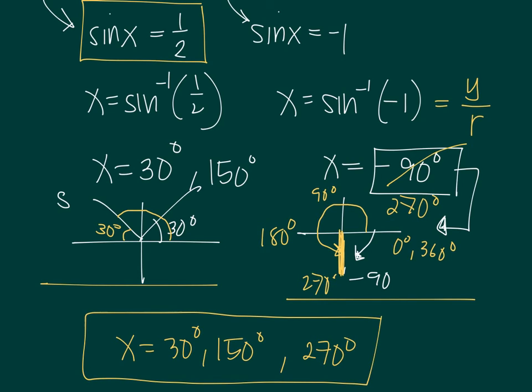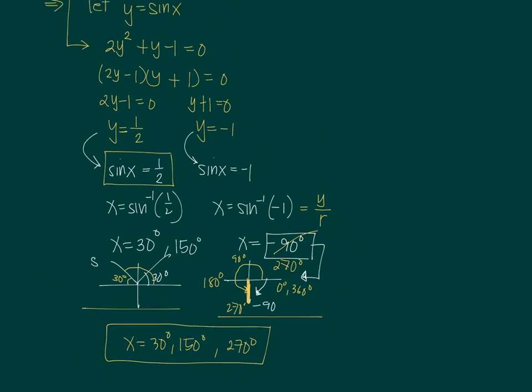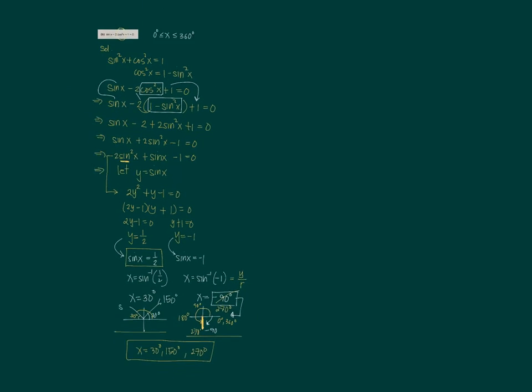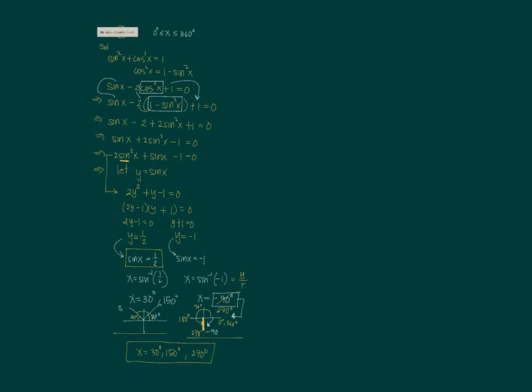Okay, so a quick recap on how we answered this. This is a special type. Note that we needed to change cosine into sine so that the equation can be written in sine function only.